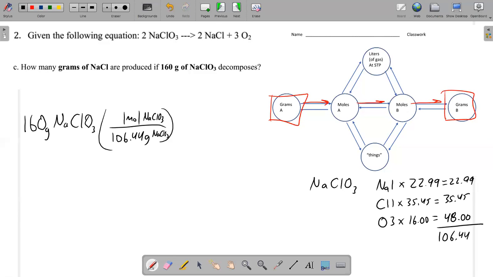So that got me from grams of NaClO3 into moles of NaClO3. Then I have to convert into moles of NaCl. In the equation, for every 2 moles of NaClO3, there are 2 moles of NaCl.